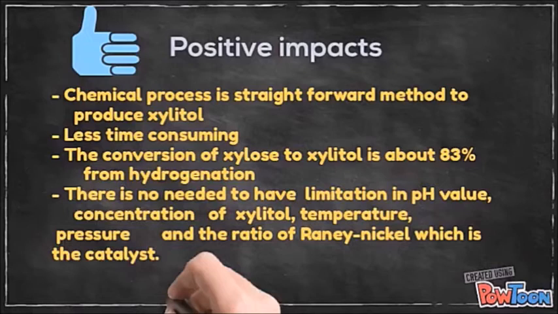This proves that the optimum concentration of catalyst for the reaction is 3%, at which the conversion of xylulose to xylitol has been found to be the maximum. Whether we put 4% or 5%, it still remains the same. But take note here that the chemical process can also increase the conversion of xylulose to xylitol to about 90%, but by using other methods.